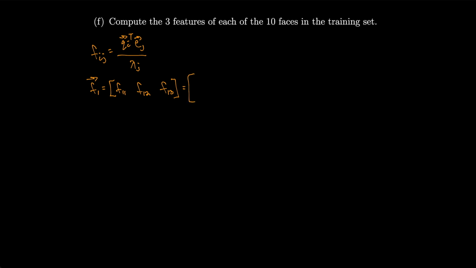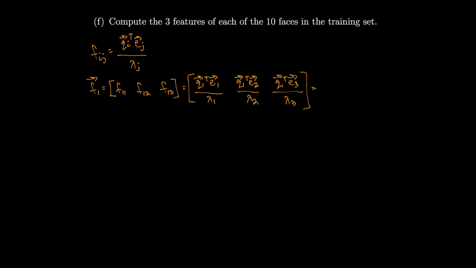So plugging in, that's Q1 transpose times E1 divided by lambda 1 for the first entry, then Q1 transpose E2, because it's i for the Q's and j's for the E's and lambdas, so E2 divided by lambda 2, and then Q1 transpose E3 divided by lambda 3.